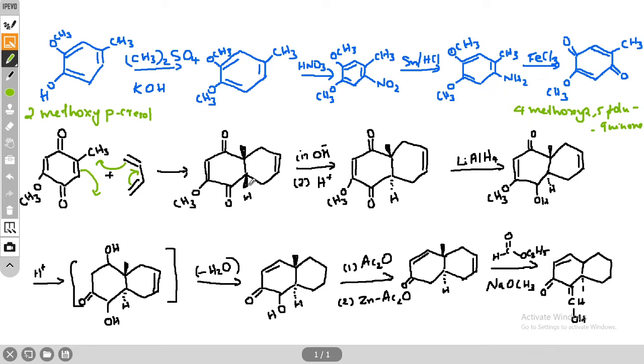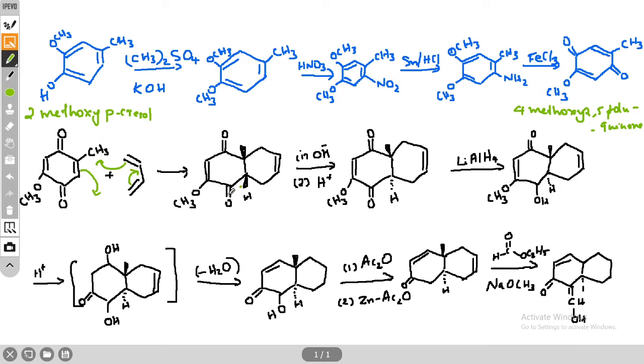The cis isomer will be the major product. Then it is treated with alkaline condition and then acidified. This is for changing the stereochemistry of this bond. That is, this hydrogen is pointing upward here, and here it is downward. It is happening when it is treated with alkali.